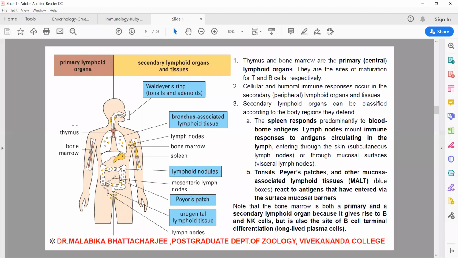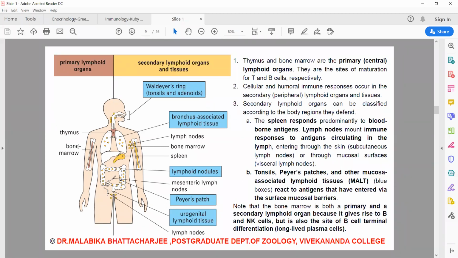For T lymphocytes, the thymus stays with us till the age of 13 or 14, and then it gradually atrophies. The bone marrow remains constant throughout our life, but as I showed in the first picture of the second slide, not all parts of the body's bone marrow remain functional. Pockets of bone marrow remain functional. The thymus and bone marrow fall under the primary lymphoid organs.